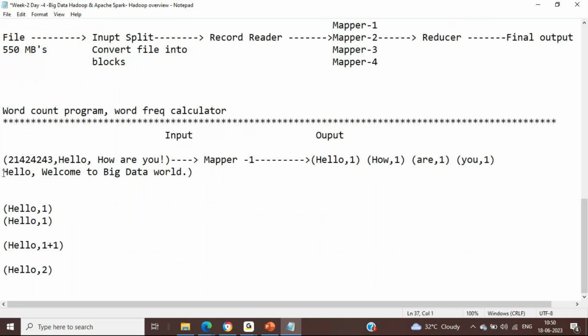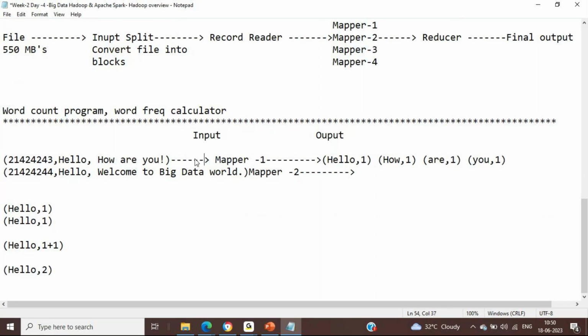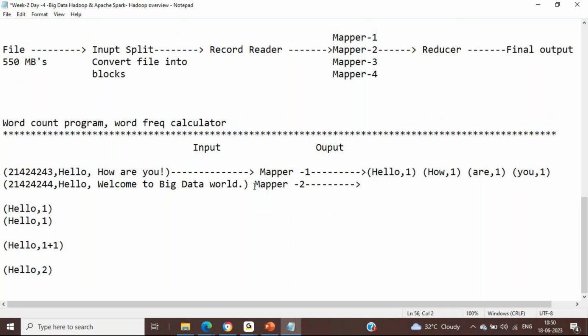So this is the input to mapper 2. And what will be the output from mapper 2? Friends, tell me, what will be the output from mapper 2?